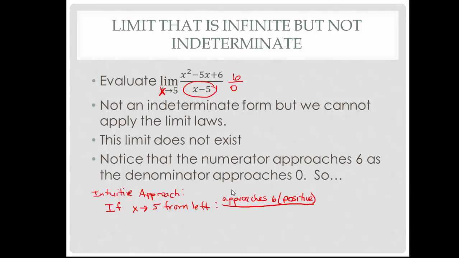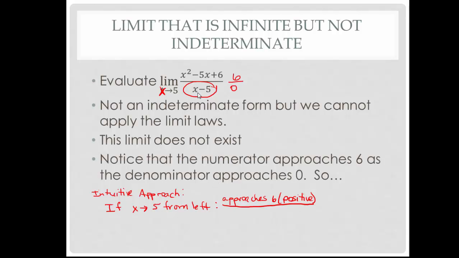But what I want to concentrate on is approaching 0 from the positive side or from the negative side, because whether you divide this positive number by a positive or a negative will change the outcome. If you approach 5 from the left, you're coming at 5 from numbers smaller than 5. What happens to x minus 5 if you take a number smaller than 5 and take 5 away from it? You're going to get a very small number, but a negatively small number.